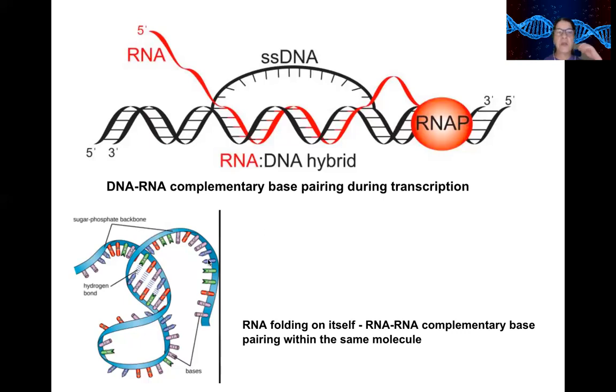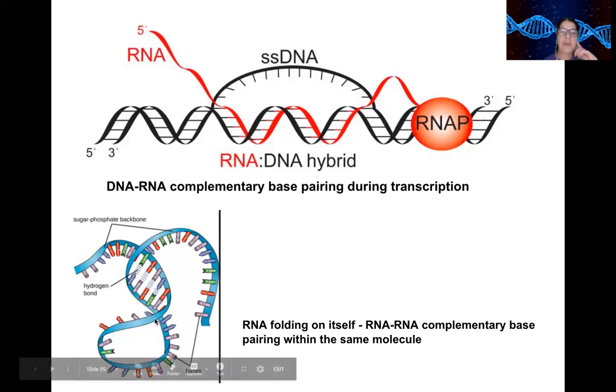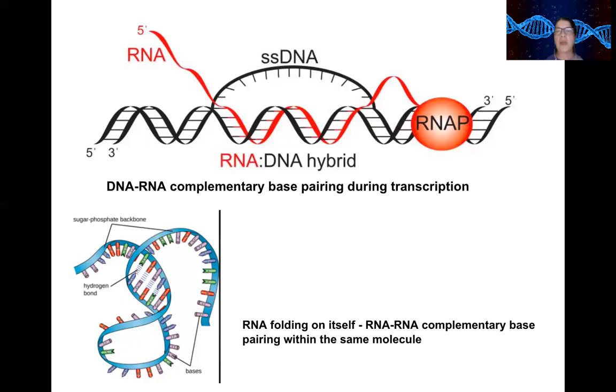In this cartoon, you will see that one part of the RNA molecule base pairs with a different part of the RNA molecule, forming a structure. And this is important because the structure of RNA also determines its function. We're going to see this when we talk about how messenger RNA molecules are translated by the ribosome to make proteins.